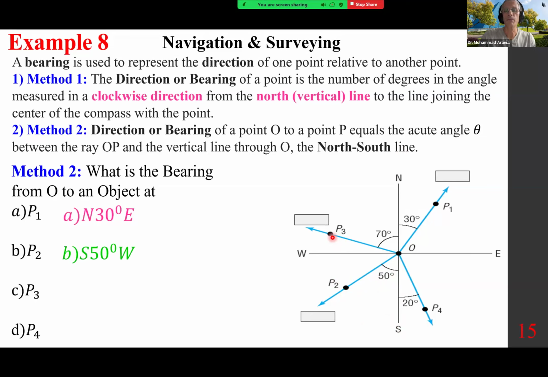P sub 3 is closer to north from this side. So this is north, this is west. In between is 70 degrees. So north 70 degrees west.